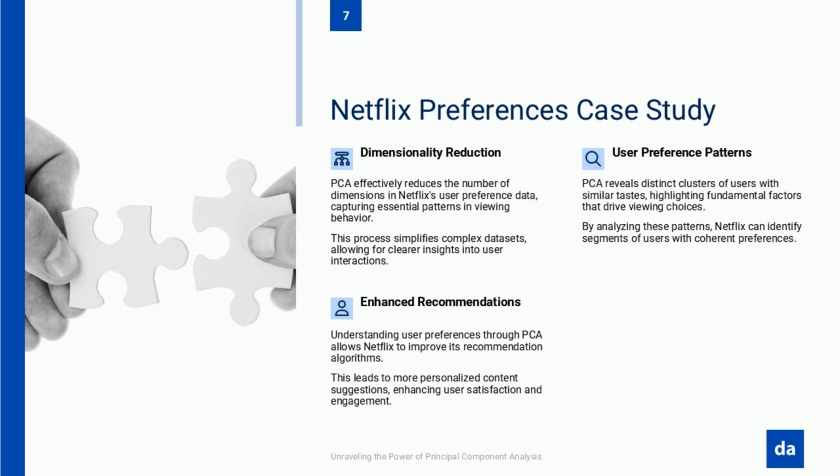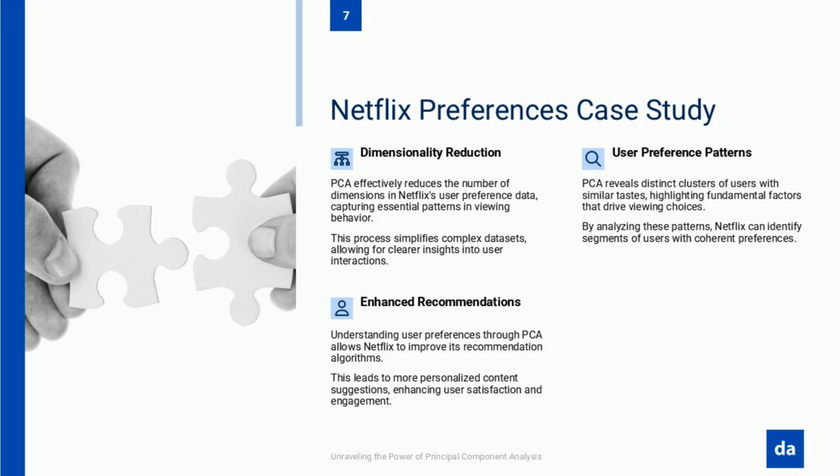As we examine these components, fascinating patterns begin to emerge. The transformed space shows clusters of users with similar taste profiles and movies that appeal to similar audience segments. What's particularly valuable is how PCA automatically identifies these patterns without requiring analysts to manually specify which characteristics matter.